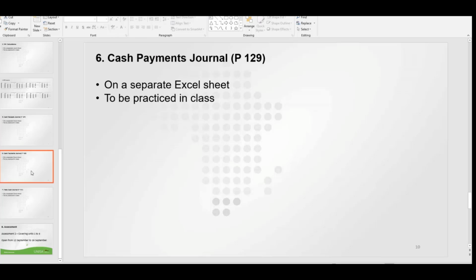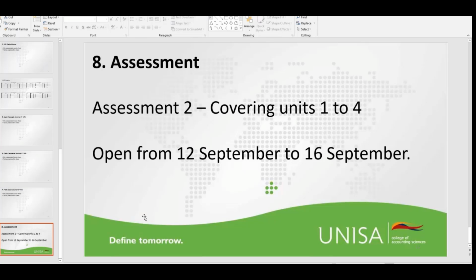Moving on to the assessment. The assessment is going to open on the 12th and I believe close on the 16th of September. The assessment covers unit 1 to unit number 4, meaning it is incremental. Whatever we have done in the past is all examinable up until unit number 4.